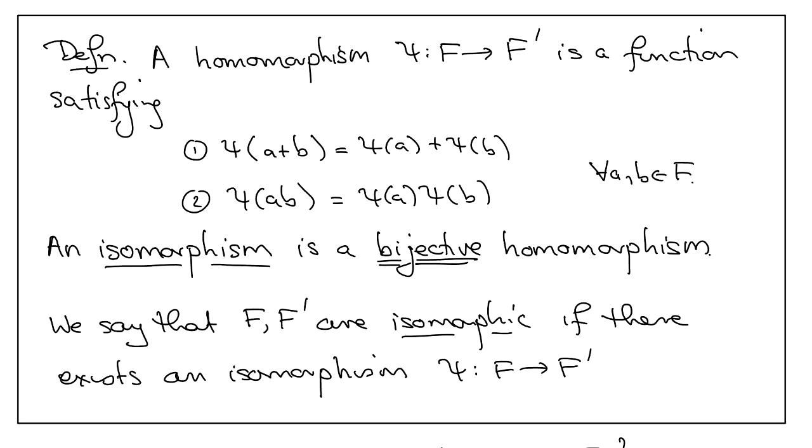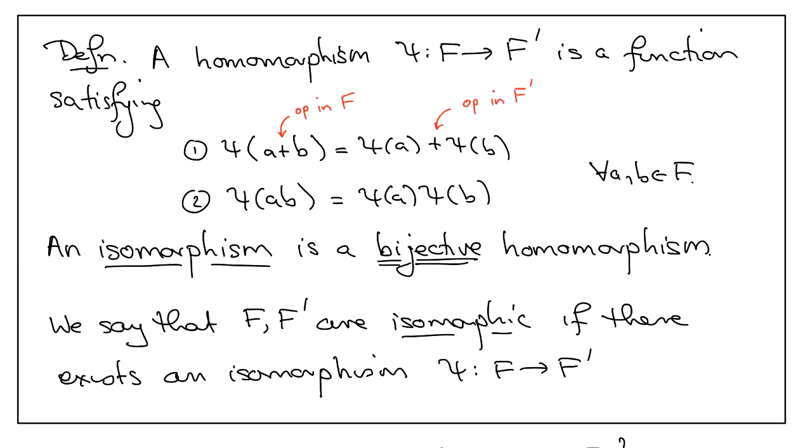So to say it preserves the structure when I have two fields means that when I take psi of a sum of things, I should get the sum of the psi of the things. And multiplication similarly. But notice there's some subtlety here. That's the operation in F, and that one is the operation in F prime.